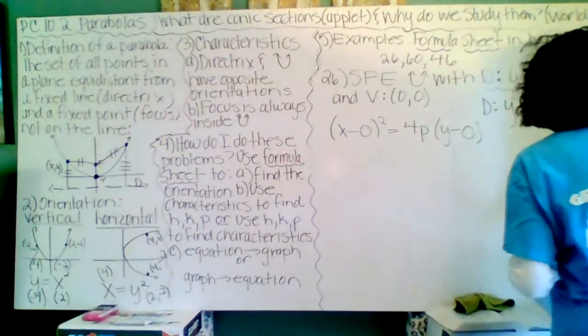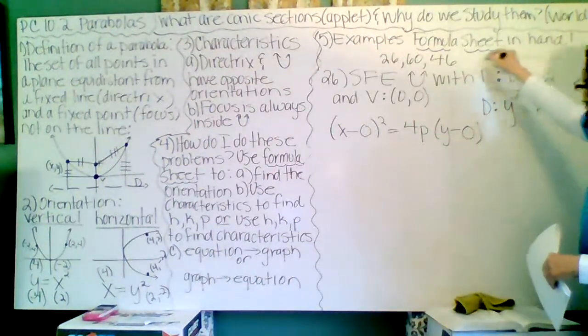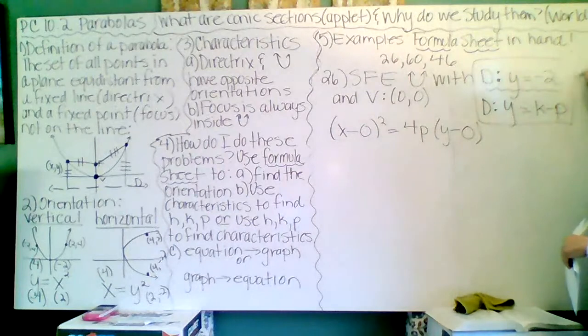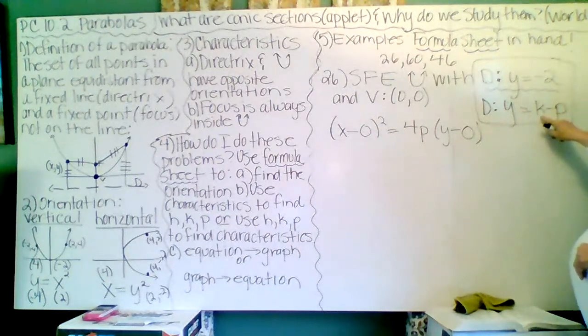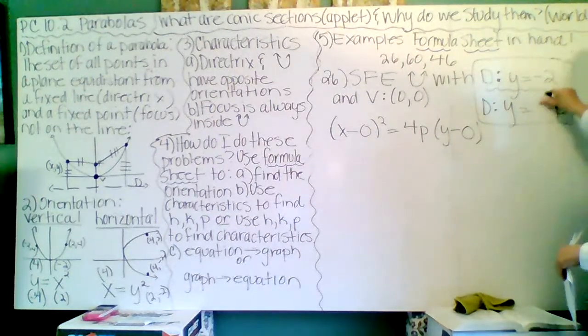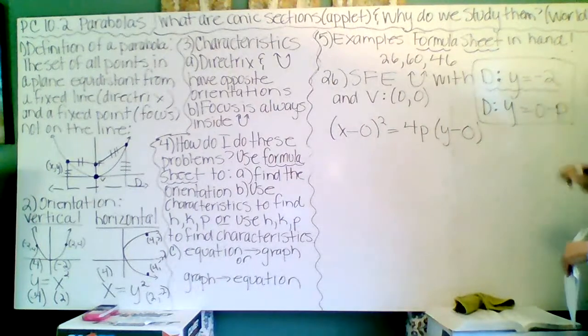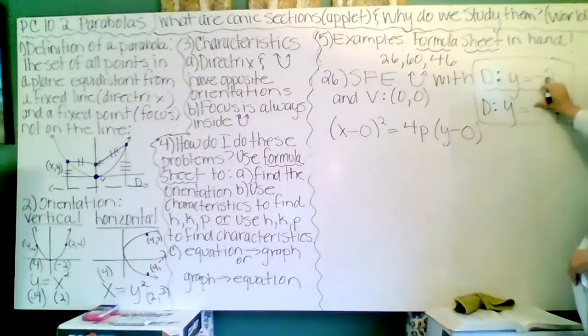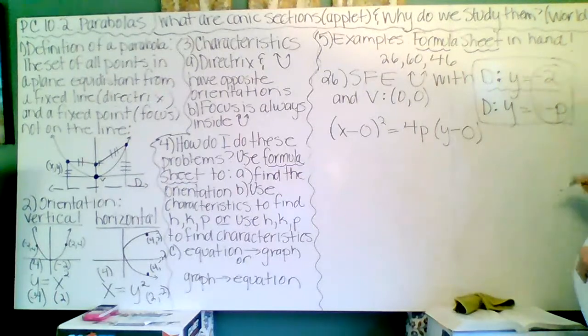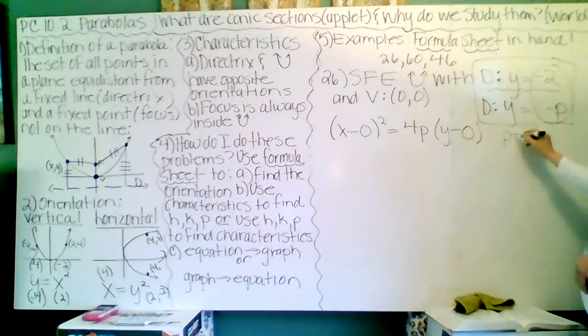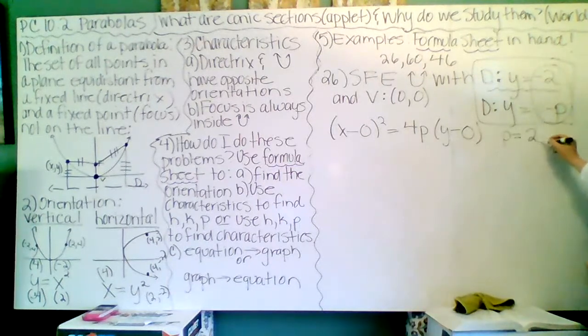So I'm coming on over here to use the information on the directrix. I said that my k was 0. And let's take a look here. 0 minus p is just minus p. It must be that my p is 2, because if I put a 2 in here for p, then it matches my directrix equation.